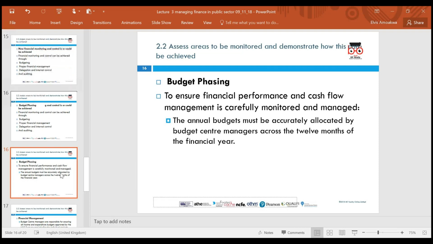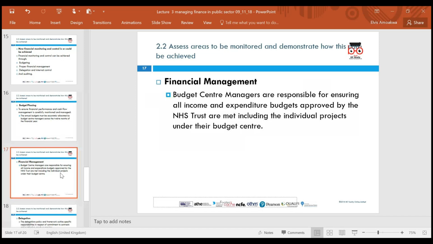And then apart from that, we have the financial management aspect, where the budget center managers are responsible for ensuring that all income and expenditure budgets are approved, if it's a trust, by the NHS trusts, including the individual projects under their budget centers. So if you go to the NHS sector, we have different budget centers for different sections in the hospital.